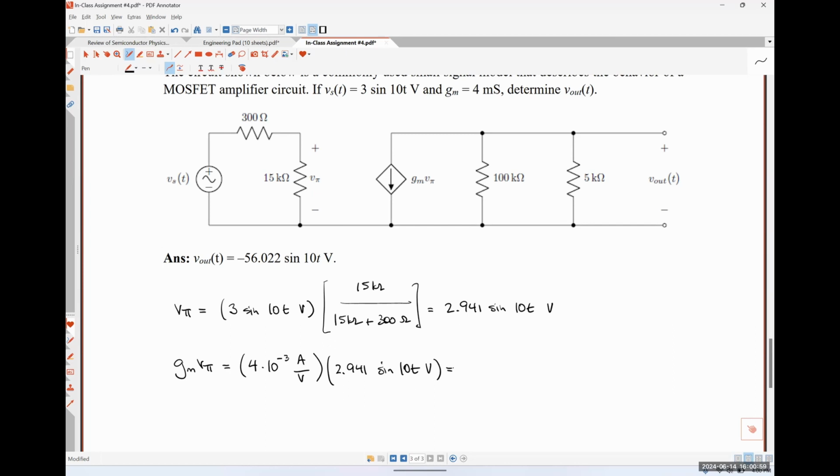So multiply my previous answer times 4 times 10 to the minus 3. And I get 11.765 sine 10t milliamps.